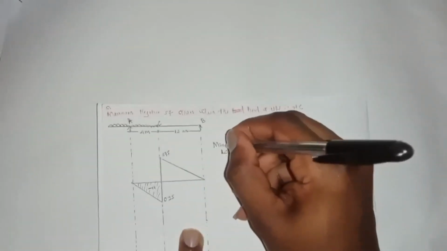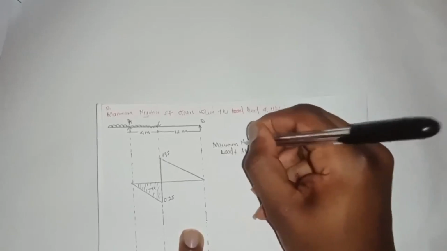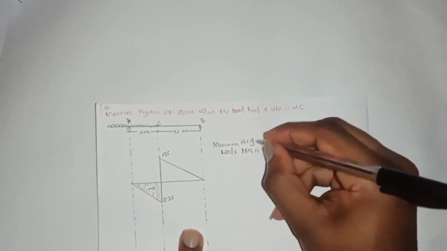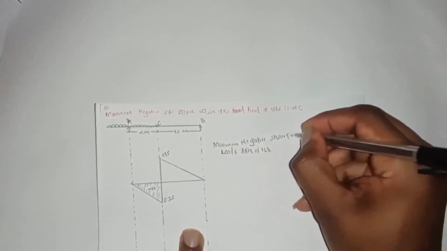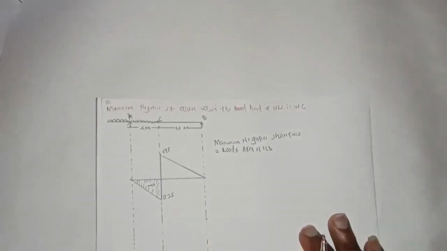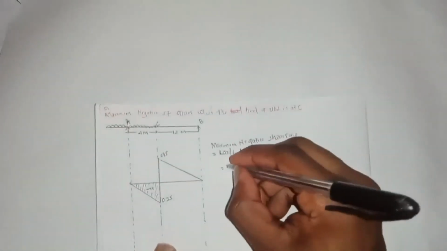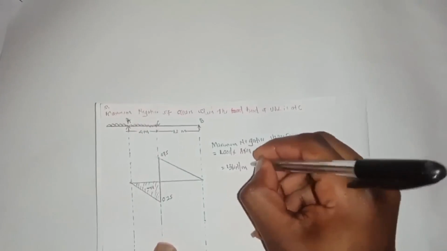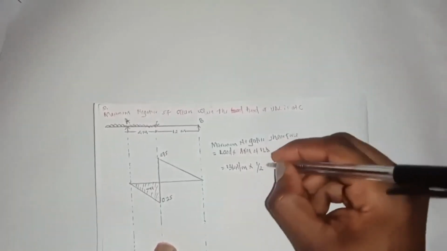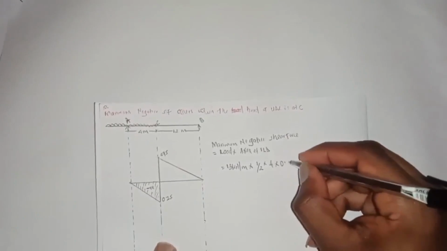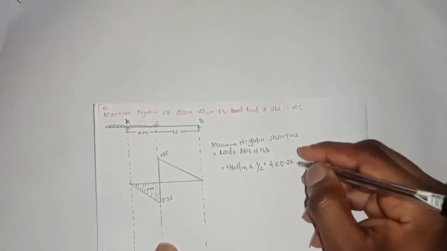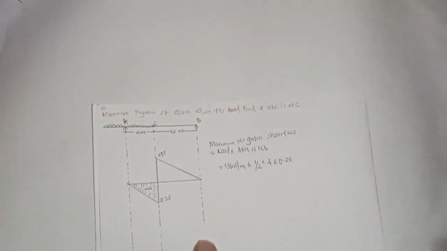The maximum negative shear force equals 13 kilonewton per meter multiplied by a half multiplied by the base, which is 4, multiplied by 0.25.